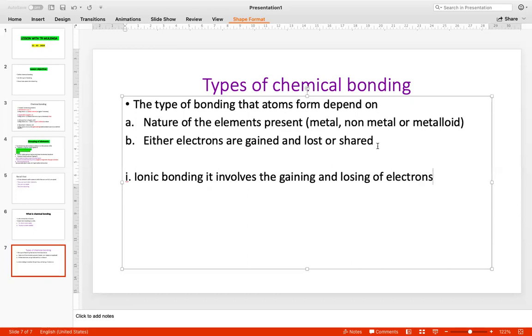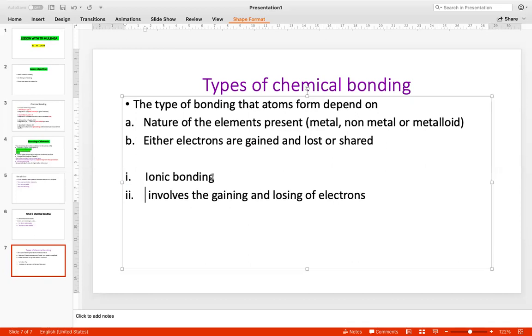So in chemical bonding, the first type, that is ionic bonding, involves gaining and losing of electrons. That is the first one. So we are saying that it involves gaining and losing of electrons.